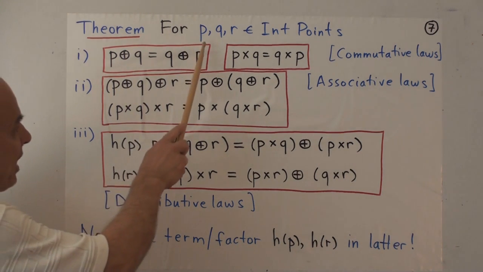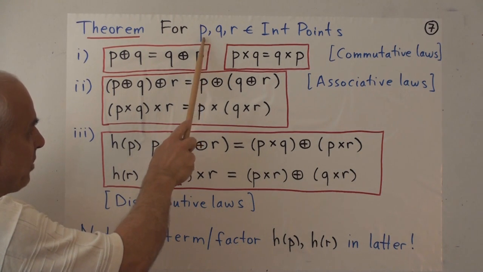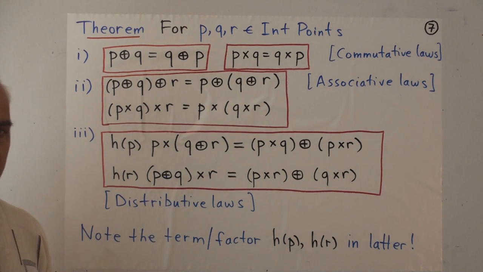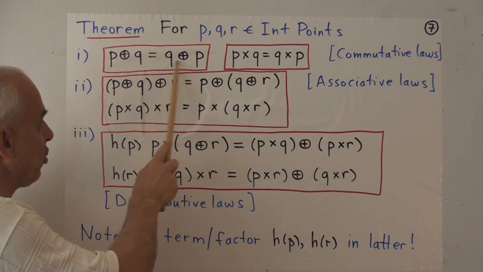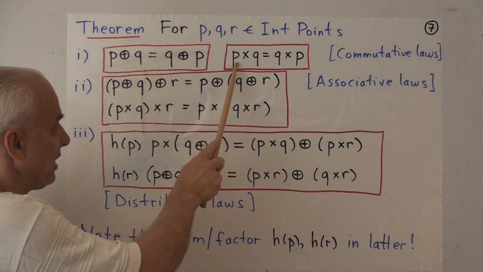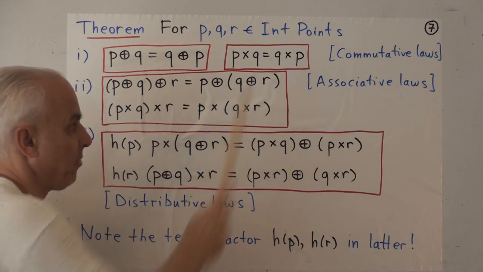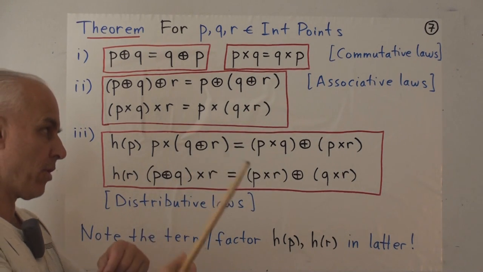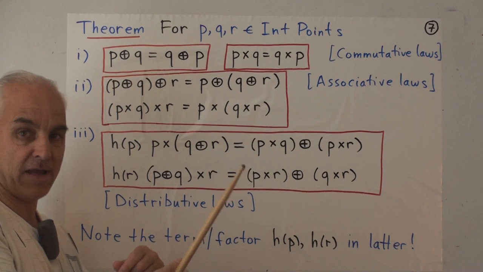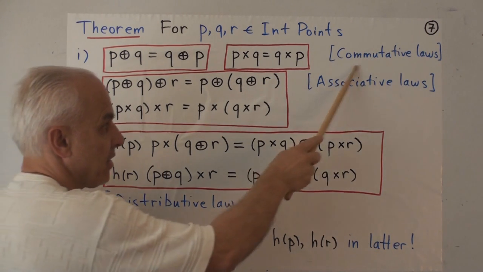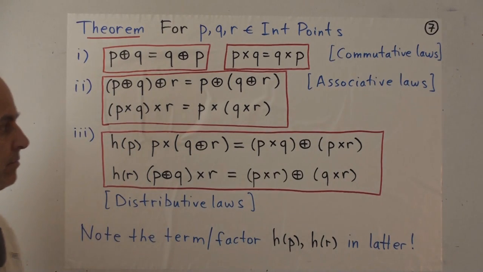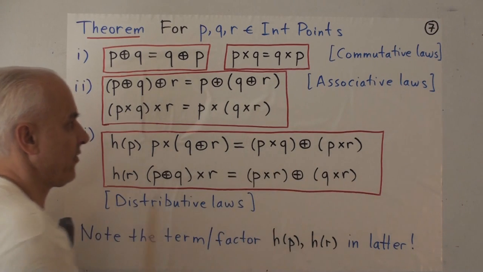So the theorem is that we have three integral points, P, Q, and R. The first statement is that P plus Q equals Q plus P, and P times Q equals Q times P. In other words, the order that we either rationally add or rationally multiply these two points does not matter. These are the commutative laws. The next ones are the associative laws.